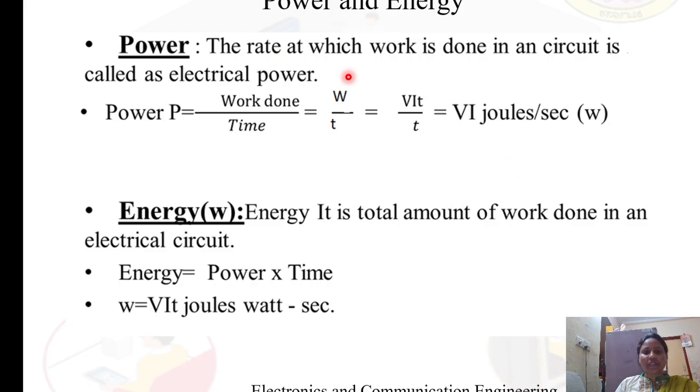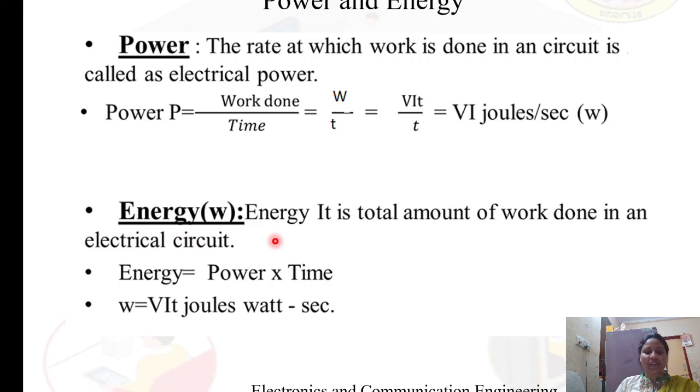Now, let us see what is meant by power and what is meant by energy. Power, the rate at which electric work is done in an electric circuit, is known as electrical power, and we can express power as VI. The unit of power is joules per second, or watt.